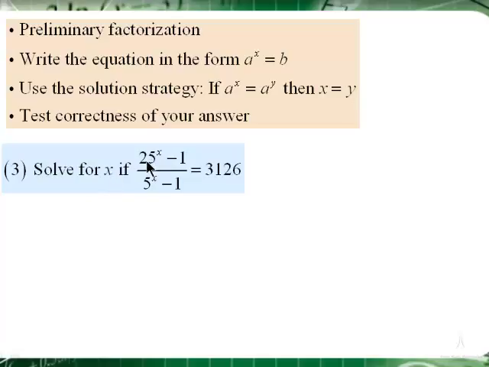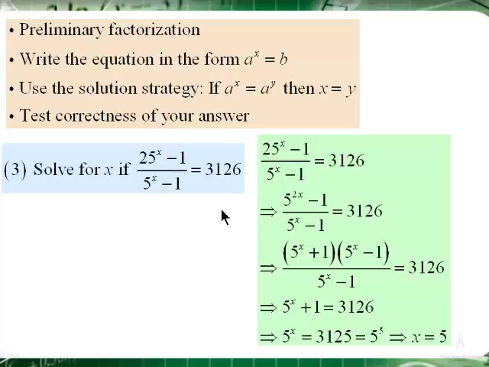Now 25 to the power x of course is 5 to the power 2x. Now that you can write as 5 to the power x all squared minus 1, which then makes this a difference between two squares, and you should know how to factorize that.